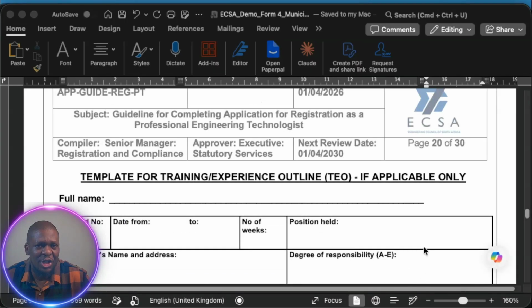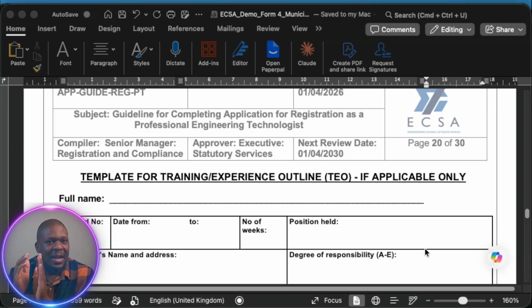Before we move to the engineering report, some of you might ask me, who are those that complete the training and experience outline? The training and experience outline is for those who have more than 10 years of experience.